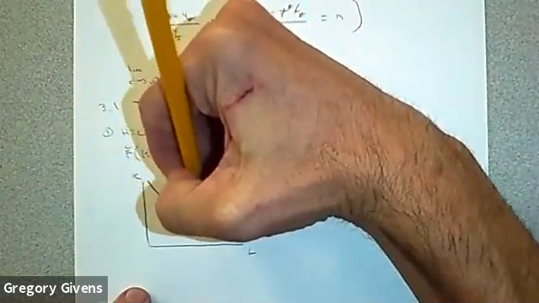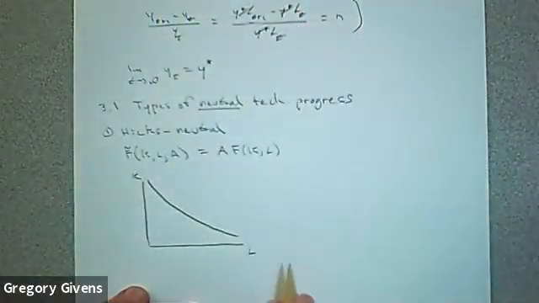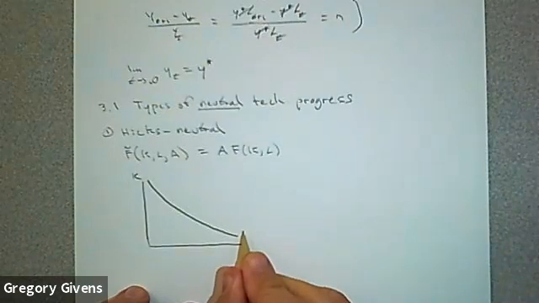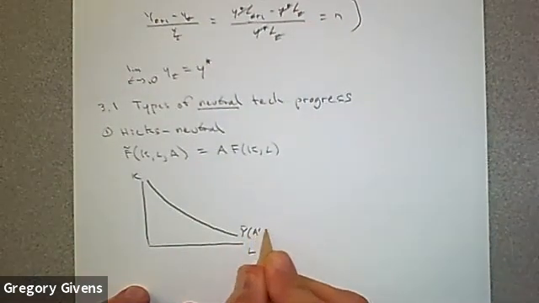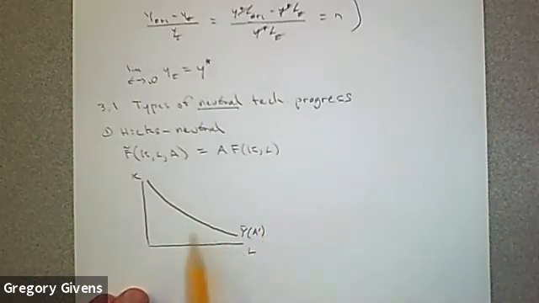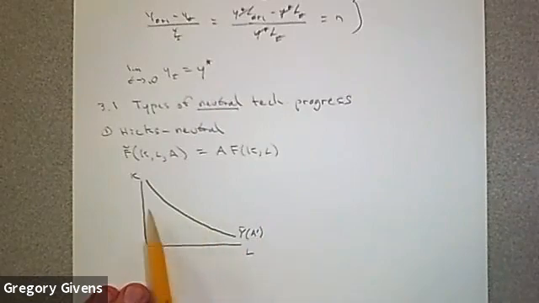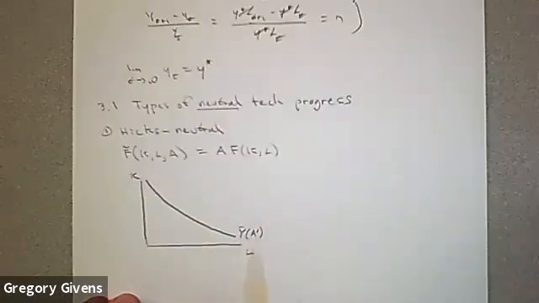It's going to look something like this. So if technology is, let's say, at A prime, then what this ISO production line shows us are all the different combinations of L and K that produce output Y bar if the state of technology is equal to A prime. Okay?